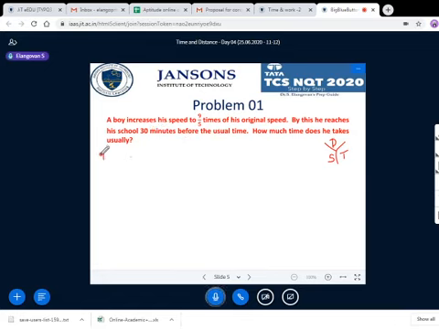So in the first case, let me take D1, S1 and T1. And in the second case, D2, S2 and T2. Right?